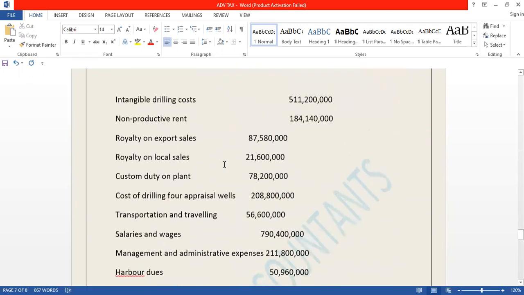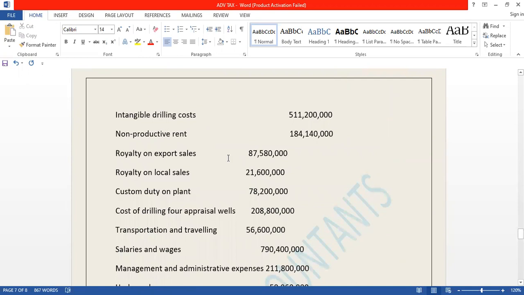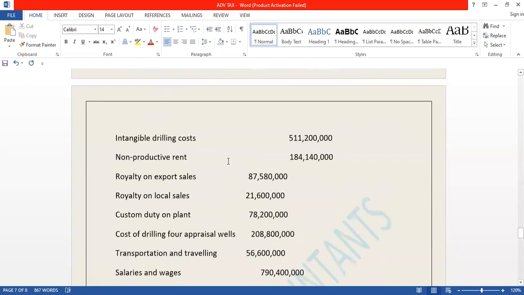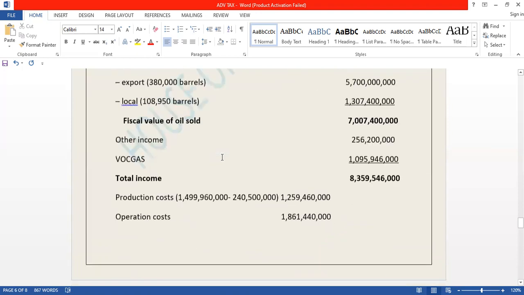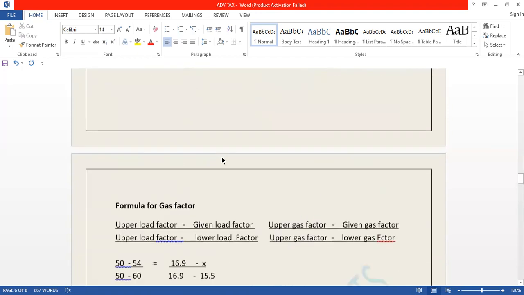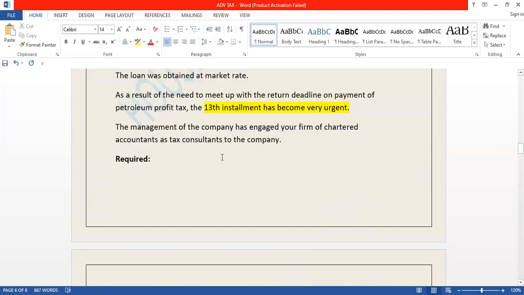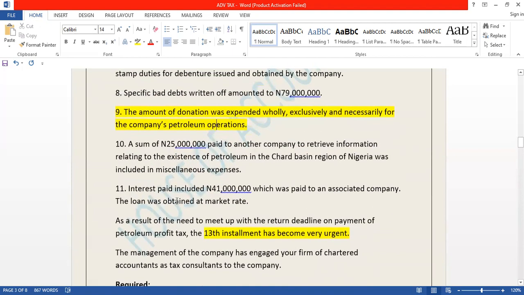So do we have anything concerning intangible drilling costs? From what you have done, there's no information concerning drilling costs. Then non-productive rent. Let's go back to C. Is there any information concerning that?